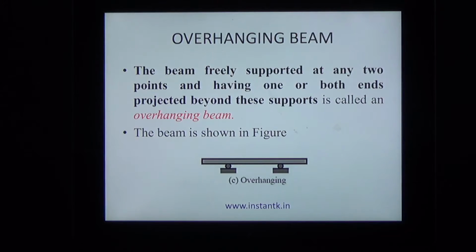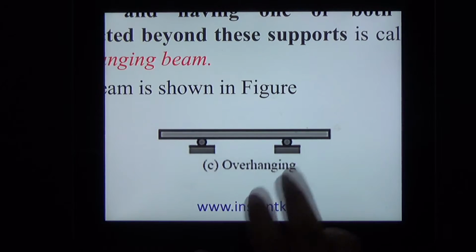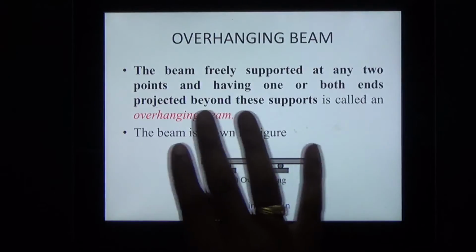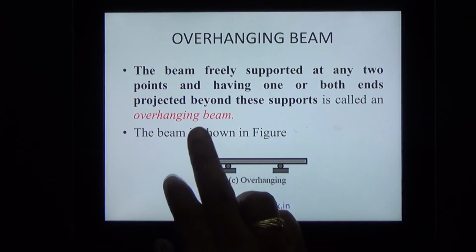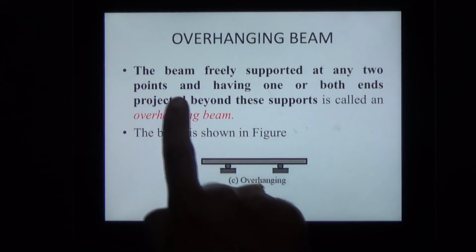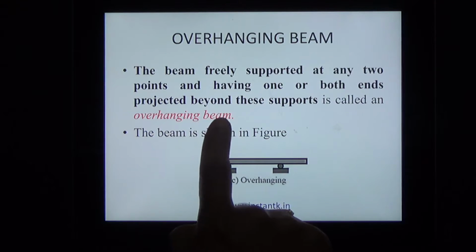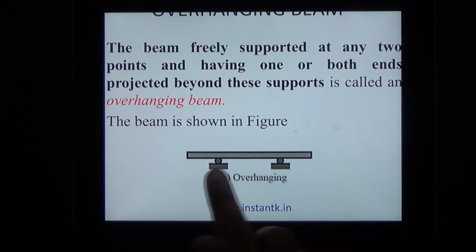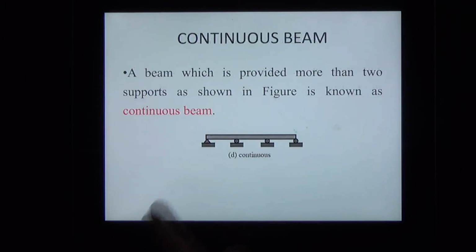Next, overhanging beam. In an overhanging beam, the supports are in between the beam so that the loads are overhanging. The beam is freely supported at two points having one or both the ends projected beyond the supports. So these two are the supports, and the beam projected beyond these supports is known as an overhanging beam.